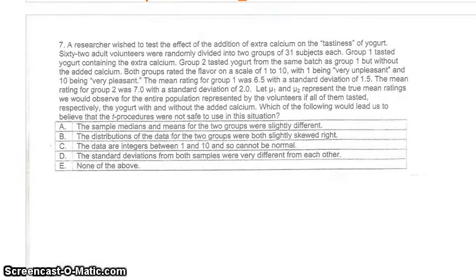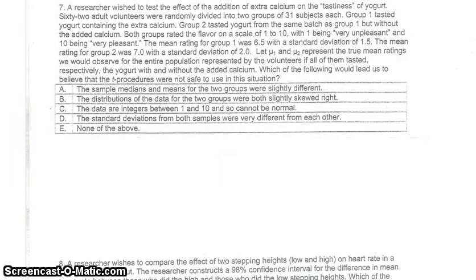All right, here we go. Number 7. We have n greater than or equal to 30, because we have 62 divided up into two groups of 31 each, so our normality condition is met.